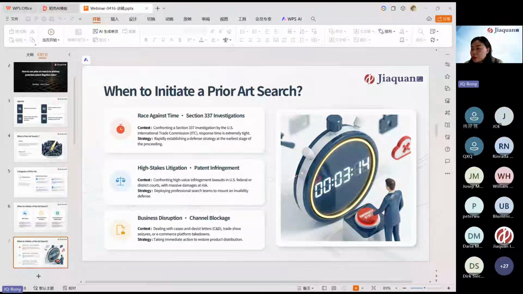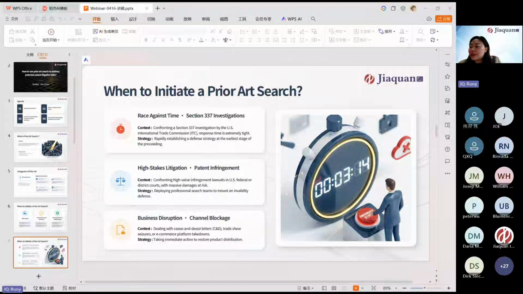And the second situation, in a patent infringement lawsuit, strong prior art can be used to invalidate the plaintiff's patent, ending the dispute at its root.